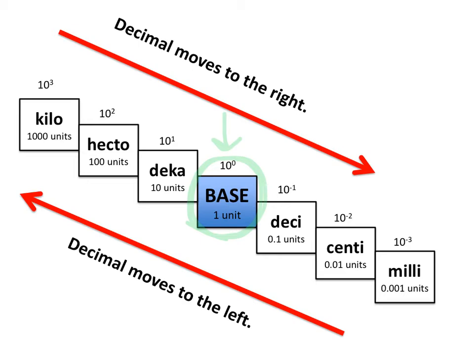Hopefully you remember from math class, something to the 0 power is 1. Okay? So 10 to the 0 power is 1 of something. Just above that, 10 to the 1 is deca, 10 units, 10 of whatever you have. Above that, hecto is 100 of whatever it is.